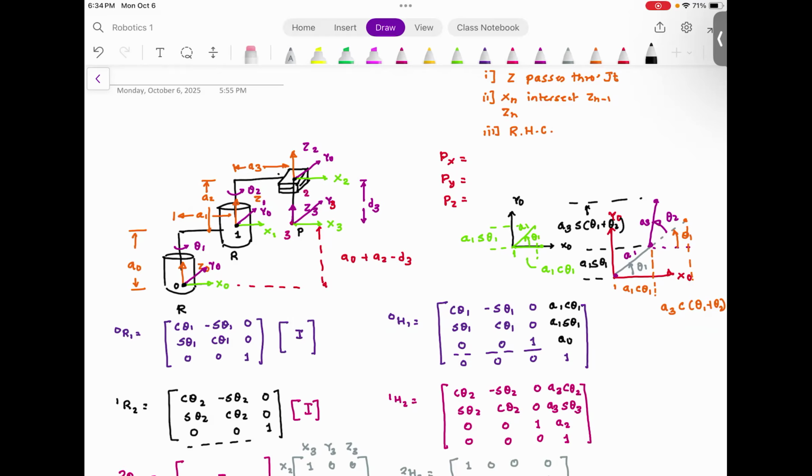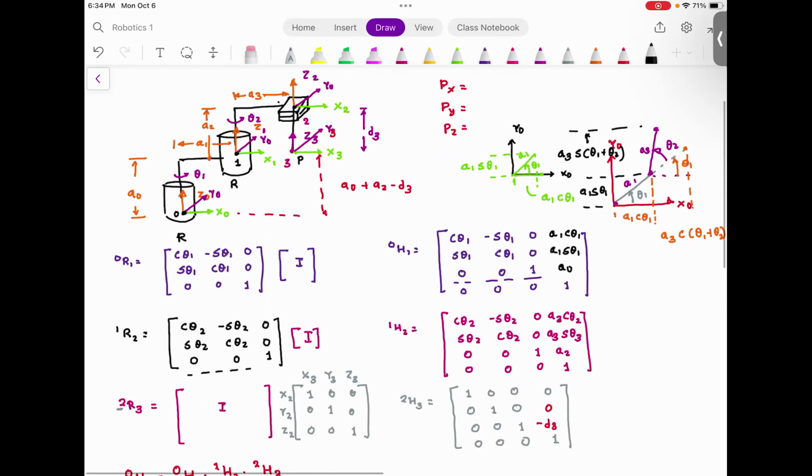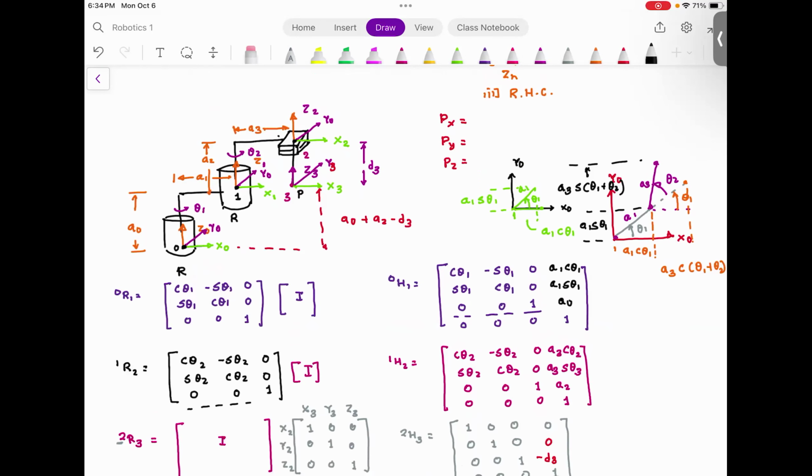No MATLAB. Now you can verify whether your answers are correct or incorrect using MATLAB. But before I go there, I want you to look at these equations very carefully. These equations are ill-conditioned, and since you are taking linear algebra, you probably know what it means. So Px is equal to A1 cosine theta 1 plus A3 cosine of theta 1 plus theta 2.